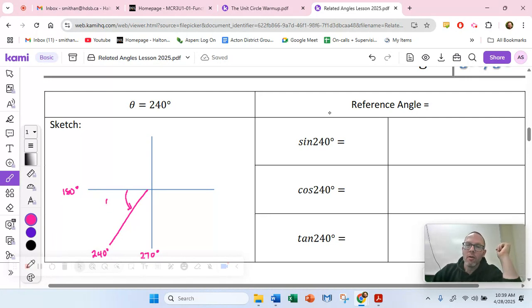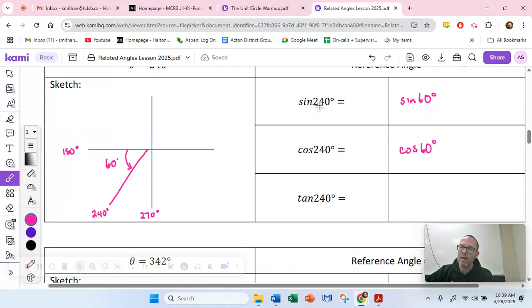So here, 240 is 60 more than 180. The calculation would be 240 minus 180, 60 degrees. That means that the sine, cos, and tan of 240 and 60 should all have the exact same decimal values. Their signs should be different according to the CAST rule.